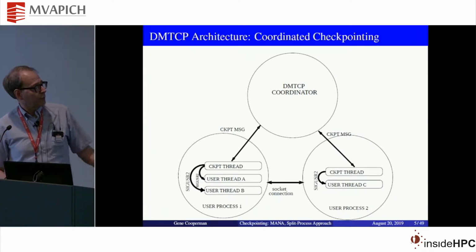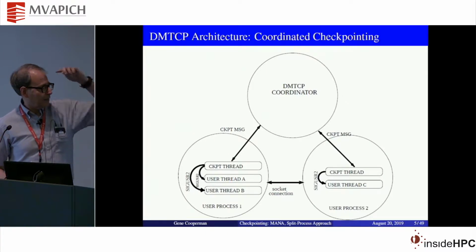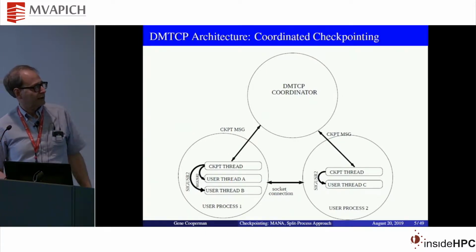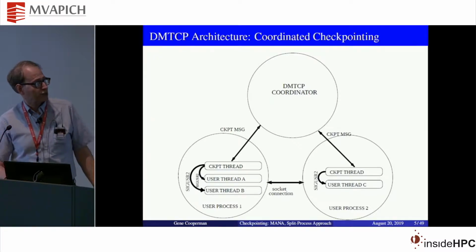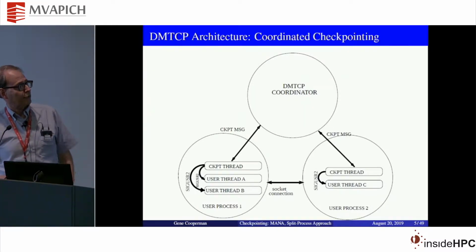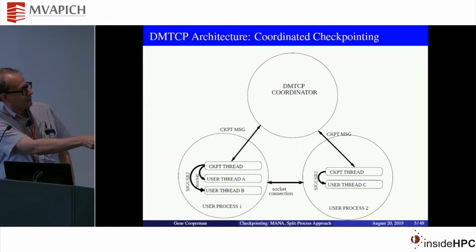And then we start up a process. We insert our own checkpoint thread in each process. And then when it's time to checkpoint, we get a checkpoint message. Here we can see the checkpoint message comes down to the checkpoint thread. It tells each user thread to pause.